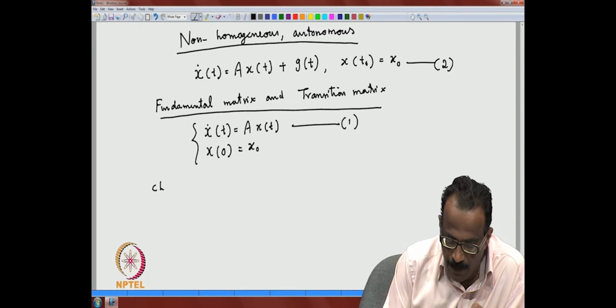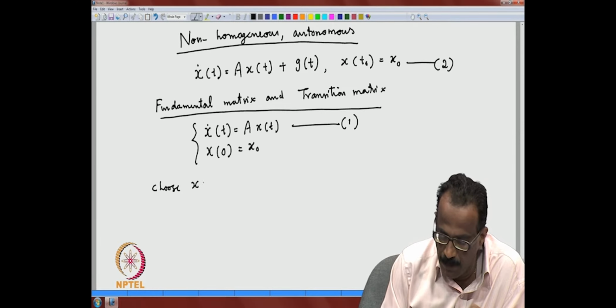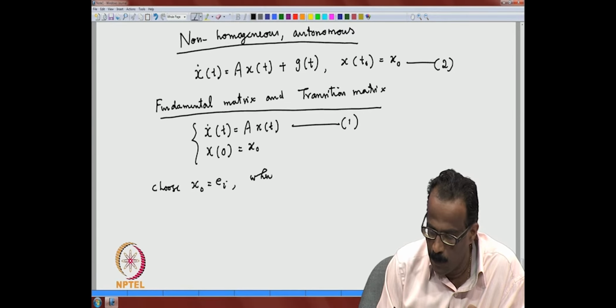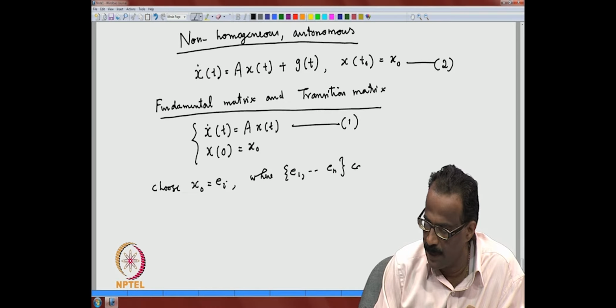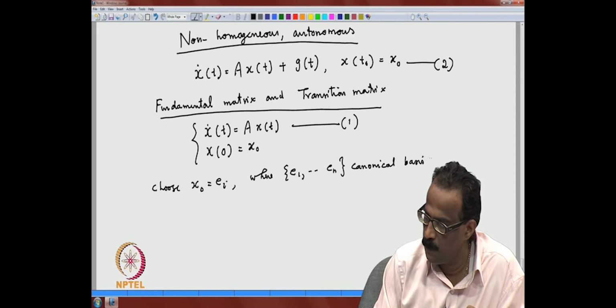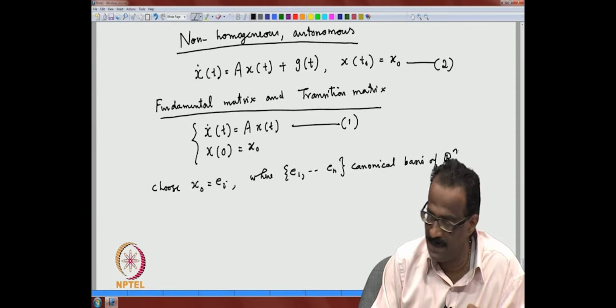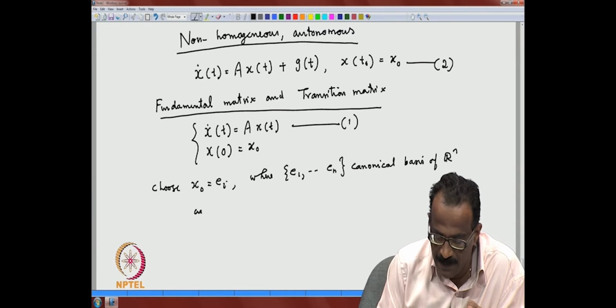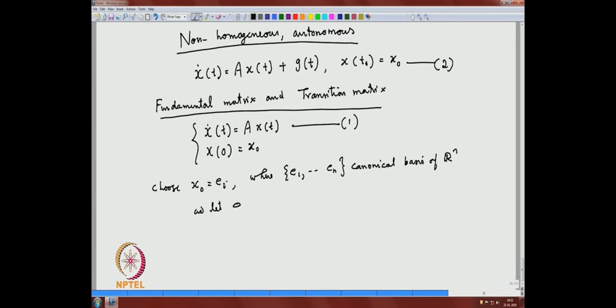So, choose x naught equal to the basis vector E i, where E1 to En is the canonical basis, that is 1 0 etc. of R n. So, for each of these initial conditions I will have a solution, and let phi i t be the solution of 1.